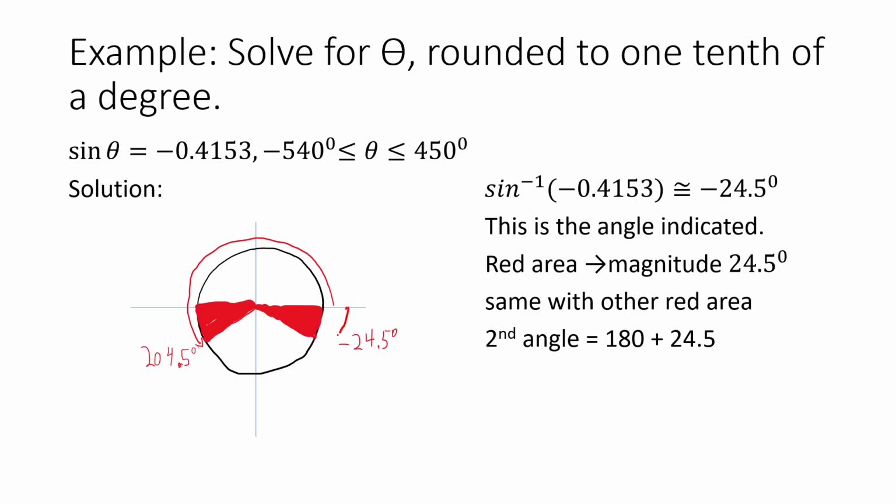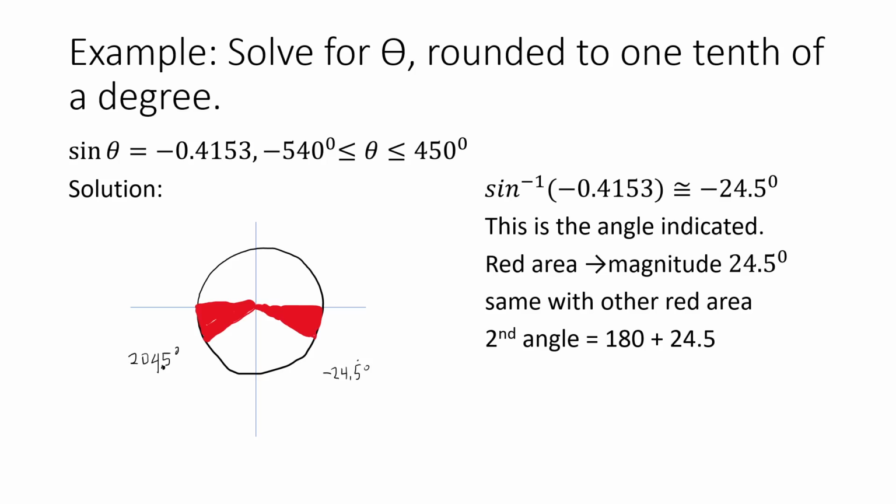To get to the first one, we went clockwise, which is negative. To get to the second one, we're going to go a full 180 and then continue going counterclockwise, which is positive, another 24.5. So that would be 180 plus 24.5, which is 204.5 degrees. We've now got an answer at each of those terminal arms.